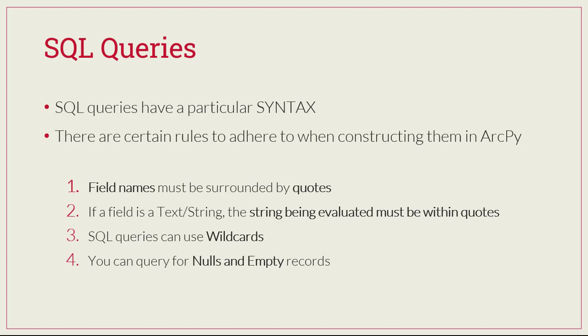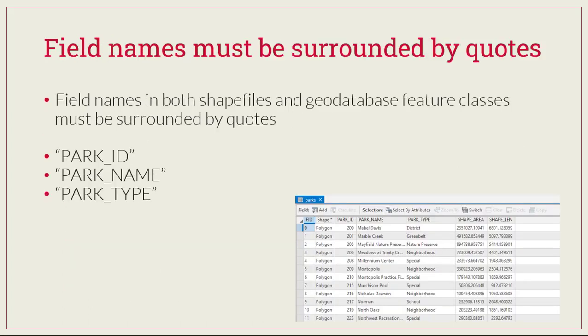You can also query for null and empty records, and we're going to talk about what the difference is between null and empty in shapefile and geodatabase and how you do that. And finally, AND and OR, those Boolean logic operators, can be used to build complex SQL queries. So we're going to learn about each of these as we walk through.